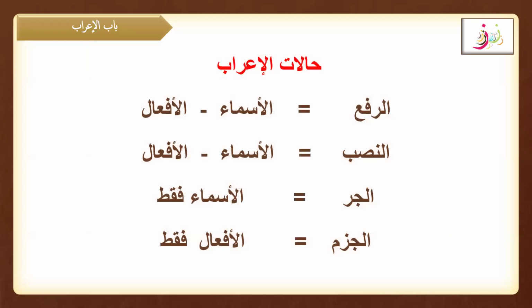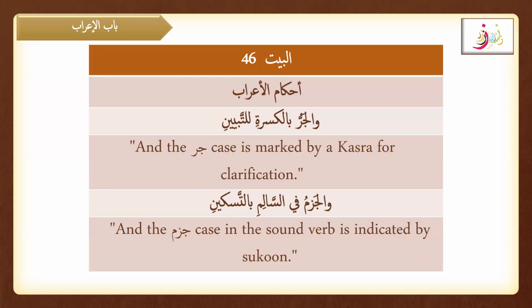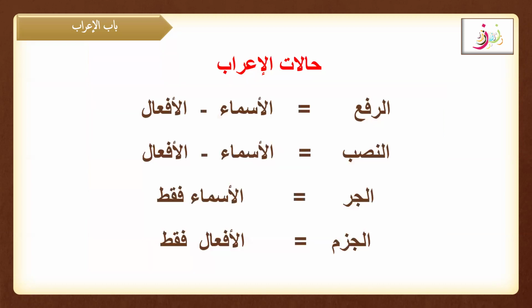So here Imam Hariri has told us about halat al-i'rab. This is just a recap of all the baits from 41 till 46 that we did today. Alhamdulillah. Rafa is specific to both asma and afal. Nasab is specific to asma and afal.